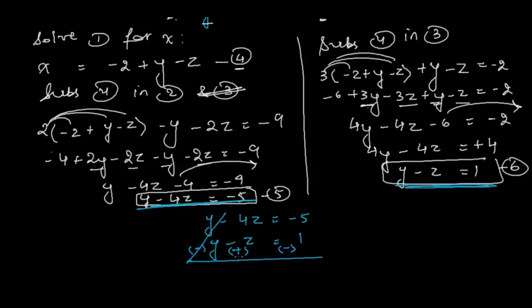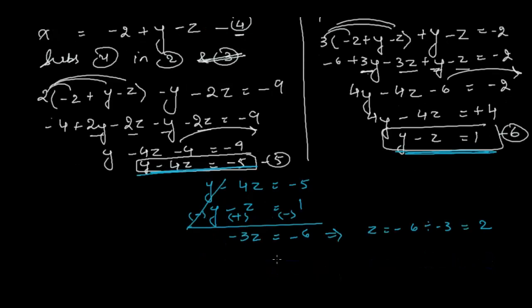We have -4z plus z is -3z. And we have -5 minus 1 is -6. When we solve this, we get z is -6 divided by -3, which is 2. Similarly, we can solve for y by substituting this z value into either of these equations.